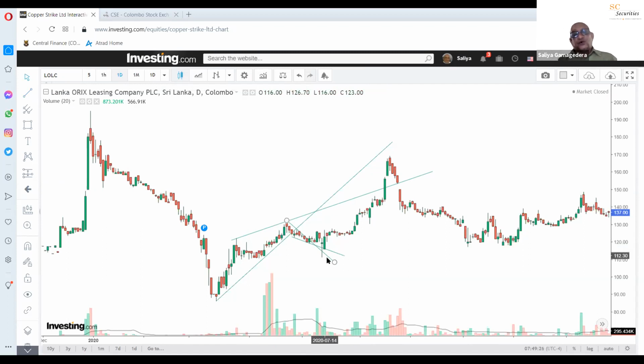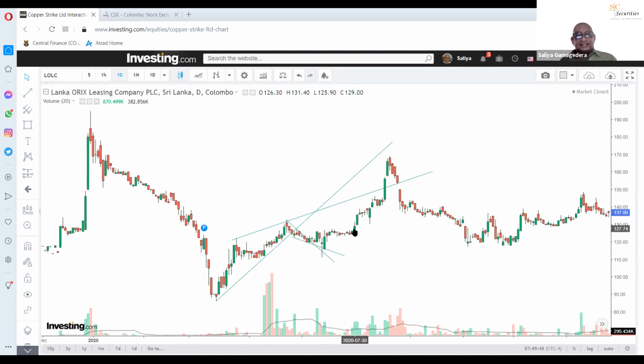Now, in this scenario, you can see that the highs were connected with this line, but out of this candle, we can see that the trend is moving away from that line, breaking out of that line.